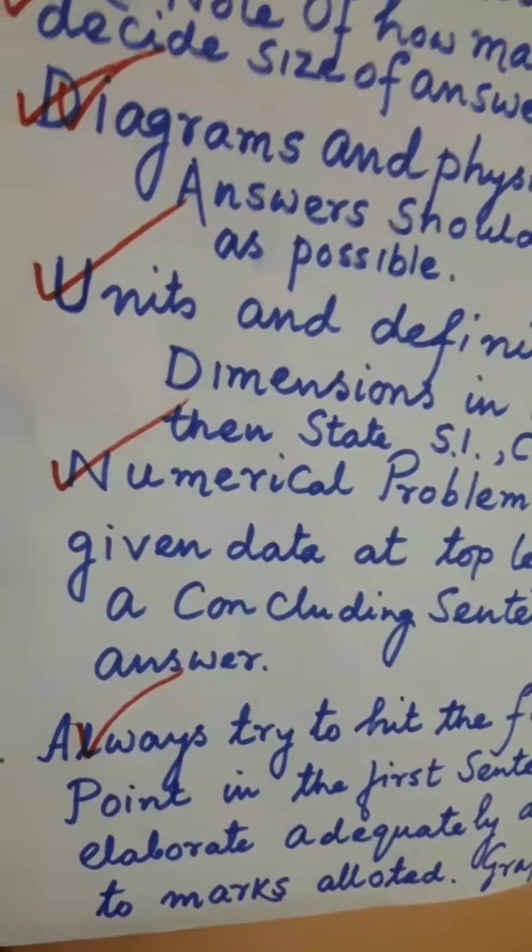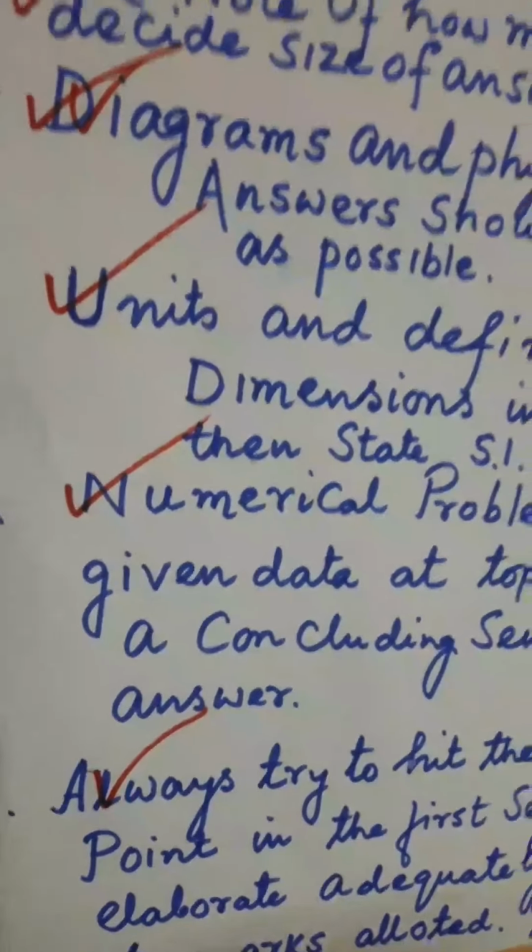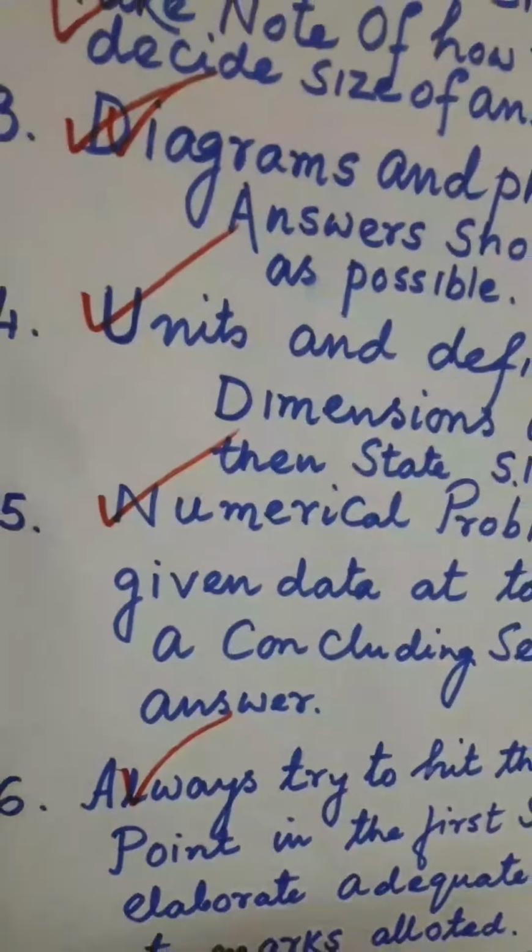Then V varies as 1 by P is Boyle's law, and the nature of variation between volume and pressure is hyperbolic. So you can simply show by a hand-drawn diagram the hyperbolic variation between P and V. Such graphs, although not drawn to scale or to any specific data, will help you enhance the marks you obtain.